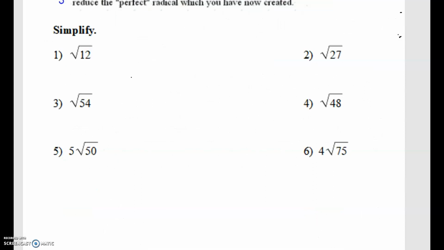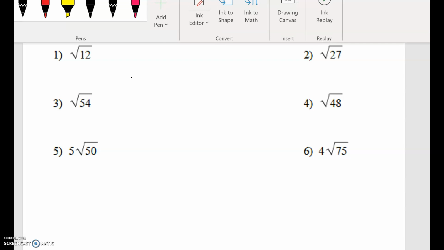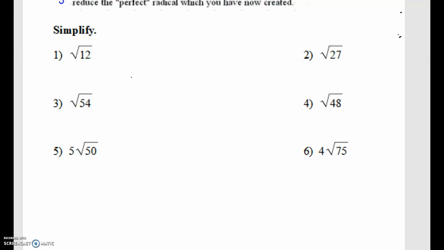All right, we're going to take a look at a couple more here. If you look at 54, again, we'll look at the list you've created on the top. I always want you to have that list available. So the square root of 54, I believe 9 is the biggest one that goes in there.